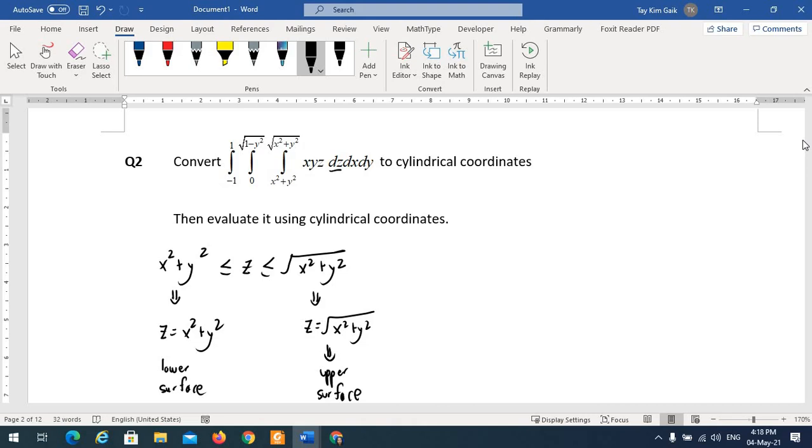Converting this to cylindrical, z equals x squared plus y squared will be equal to r squared, and actually this is a paraboloid, consisting of the parabola.